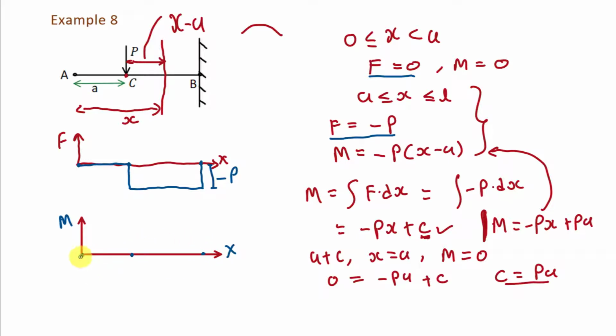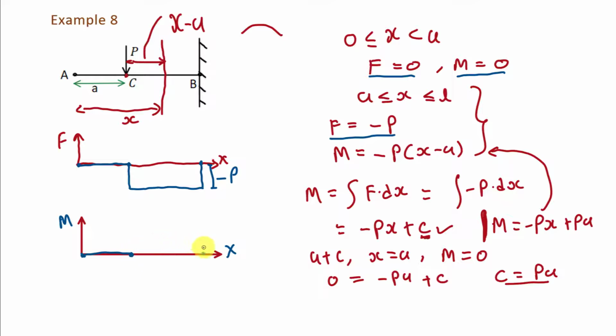This point is at x is equal to 0, this point is at x is equal to a, and this point is at x is equal to L. Now what is the value of bending moment in this interval? In this interval, the value of bending moment is 0. So from here to here there will be 0 bending moment in this beam. So we will draw a line on the x-axis like this.